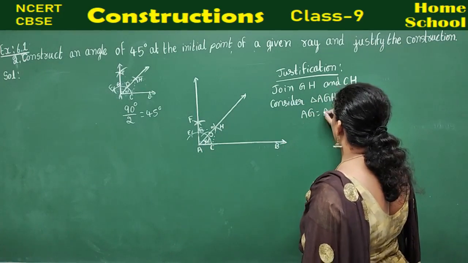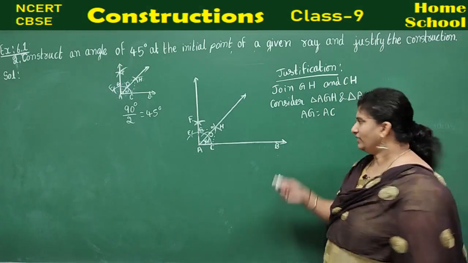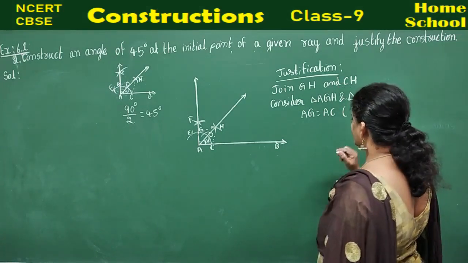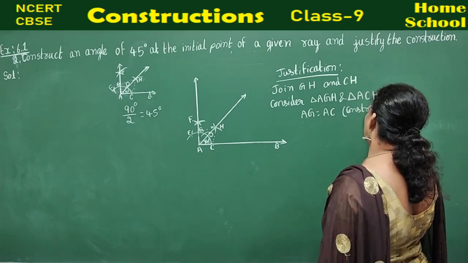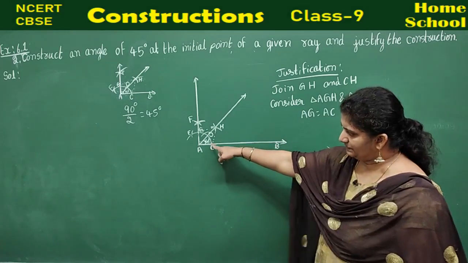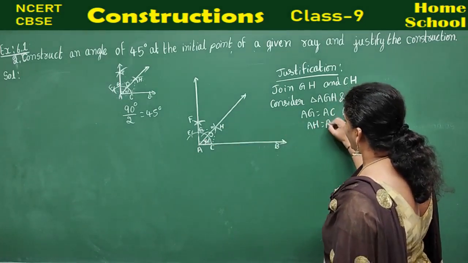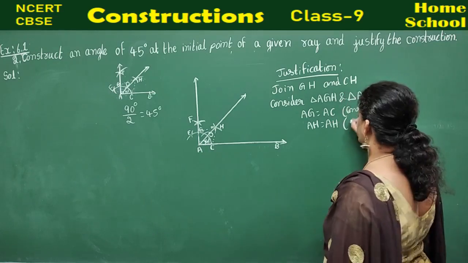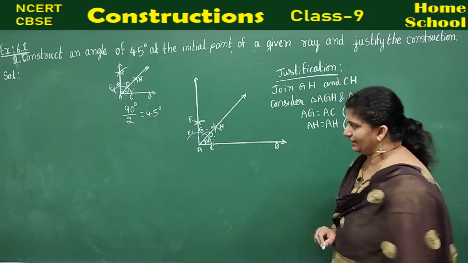AG is equal to AC. Same radius we have taken, right? By construction you can say same radius you have taken. Next, AH is equal to AH, common. That side is common for the two triangles.